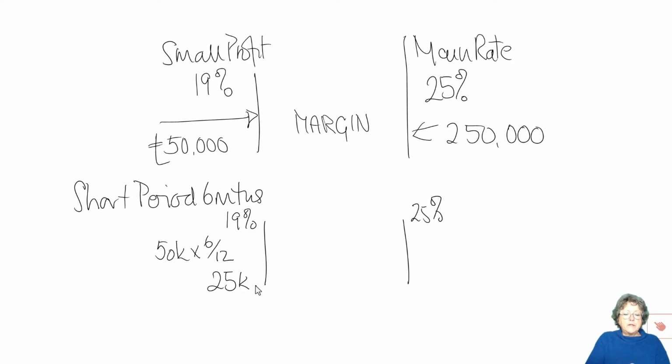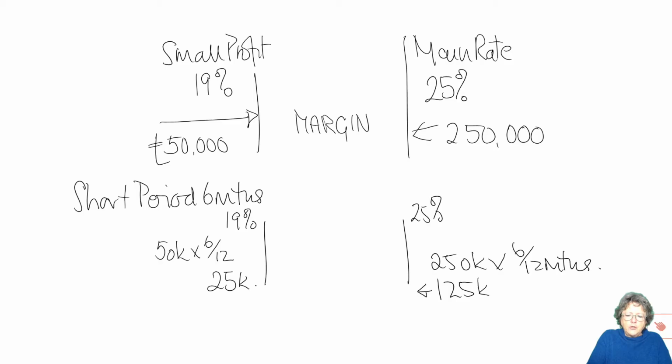So if your profits are up to 25,000 in that 6 month period, you'll pay tax at 19%. Accordingly, this high rate is also proportioned, giving us 125,000. And once your profits hit 125,000 in that 6 month period, you will pay tax at 25%. If you are in the margin, then you ought to pay tax at the full rate, the main rate, and then you will get relief.